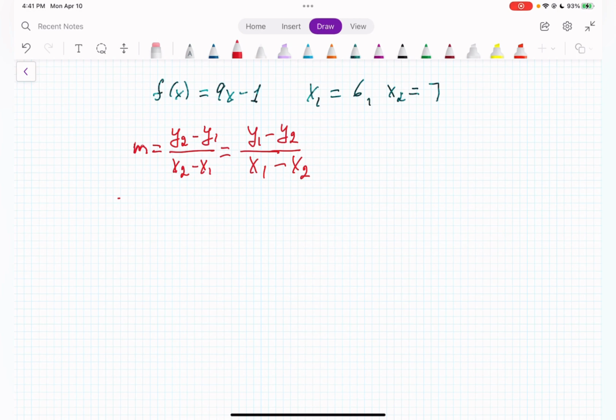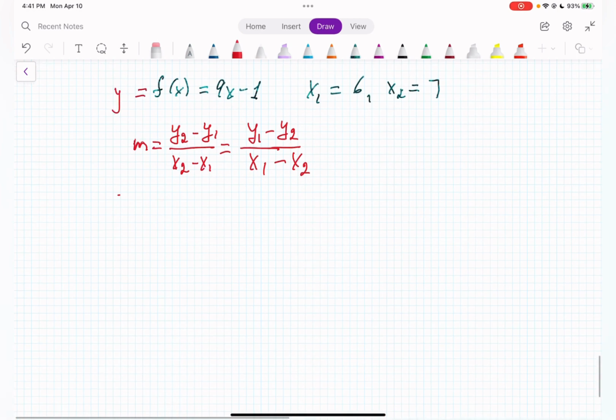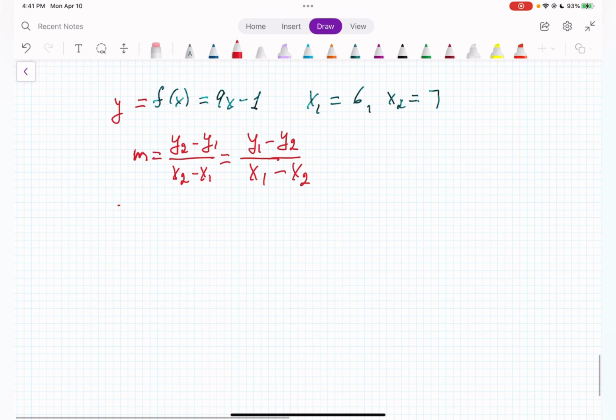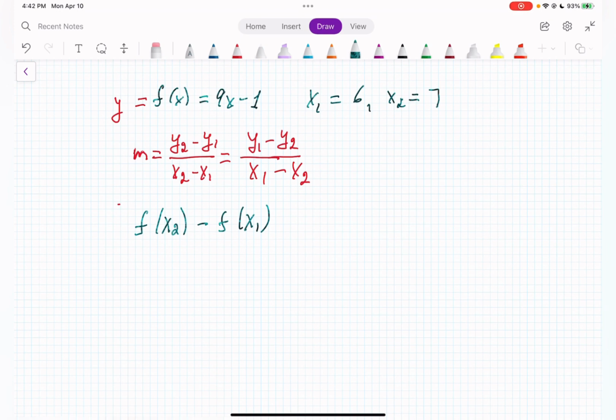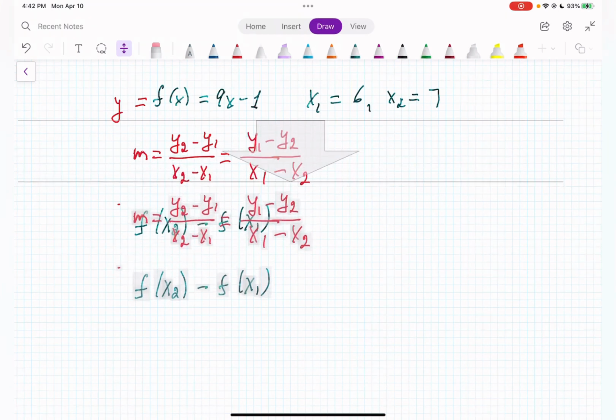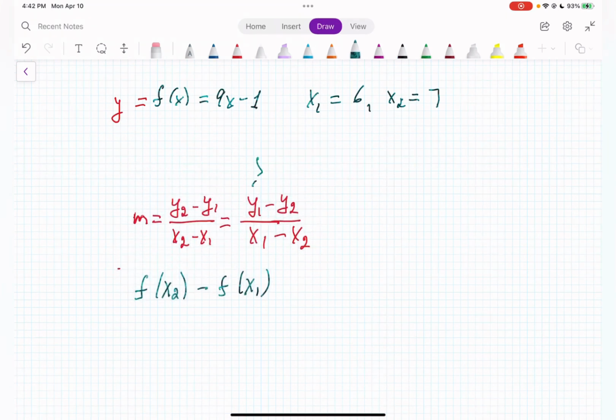Our y is nothing else but our f of x. It's the same y. So accordingly, I can replace, in this case, it's going to be equal f of x2 minus f of x1, right? y2 is f of x2, y1 is f of x1.